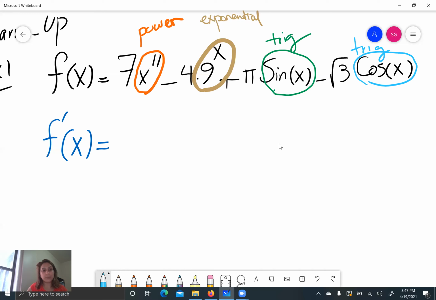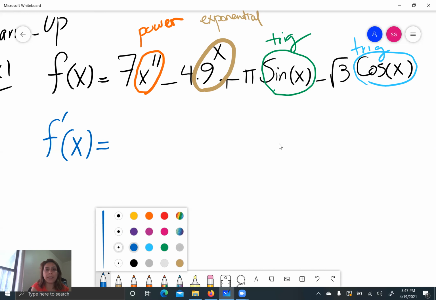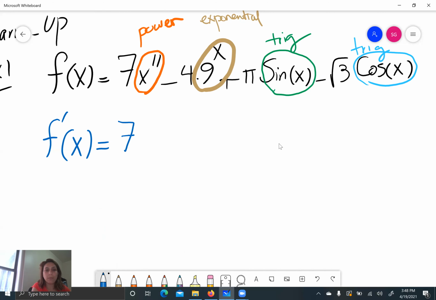For this algebraic combination, the only thing we need to pay attention to is the sum rule and the constant multiple rule. For example, here you have 7 multiplied by this function, so it's going to be 7 multiplied by the derivative of this function. Just take the derivative of x to the 11, which is 11 x to the power of 10, right? So 7 times the derivative of this power function, minus, okay, next we have 4 times an exponential function.